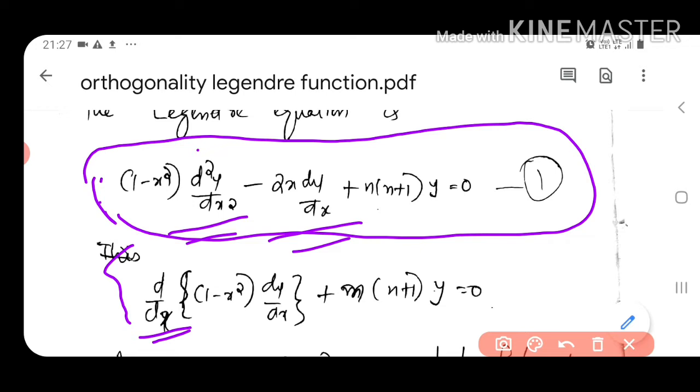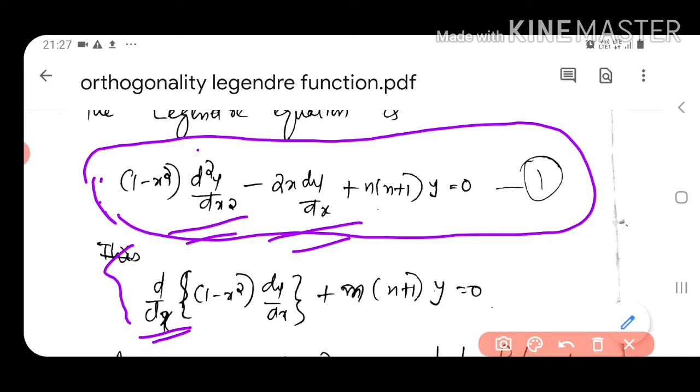As you take the product rule, we differentiate it and you will get these two terms.